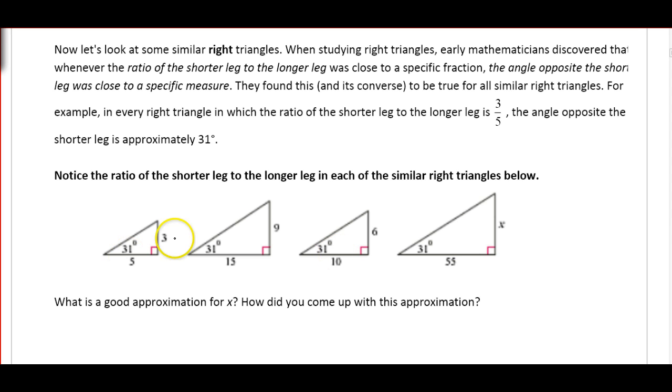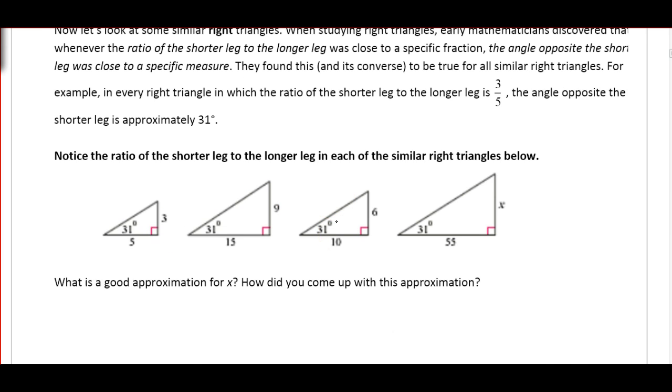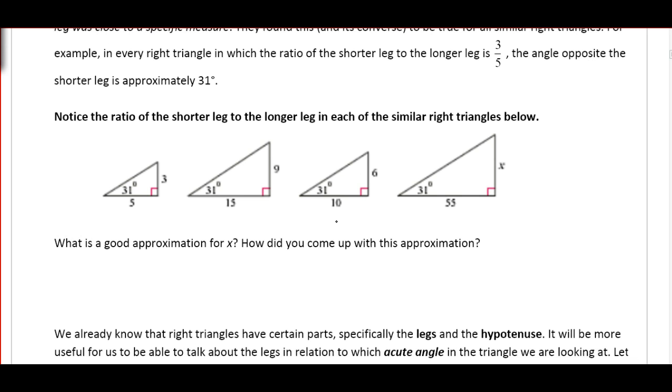So if we want to try and use this fact here, what do you think would be a good approximation for the value of x? So if we want to make sure that this stays in a ratio of 3 to 5, then x would need to be 33.